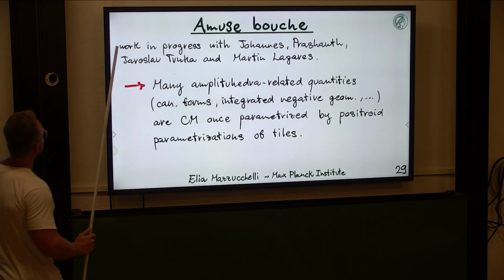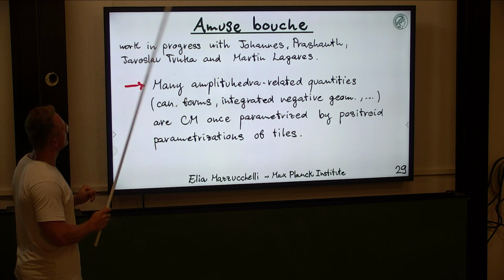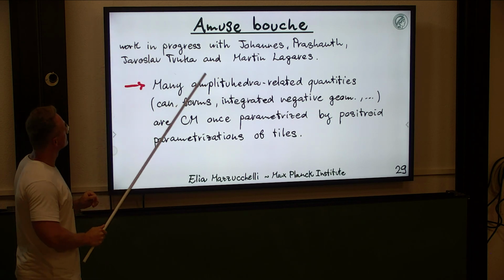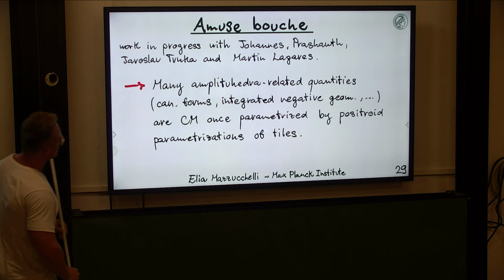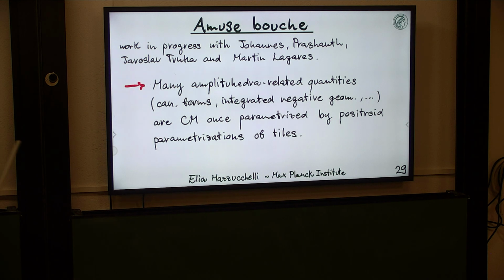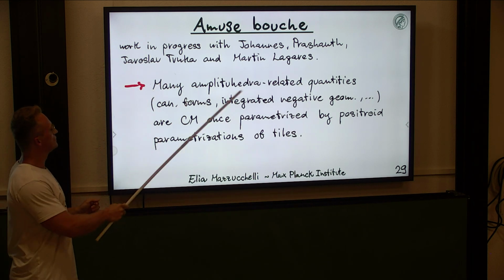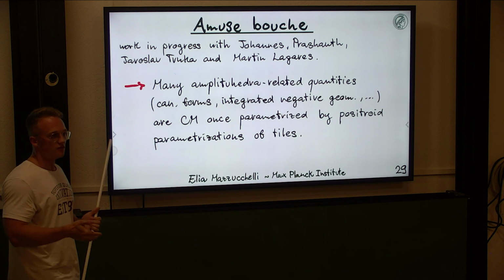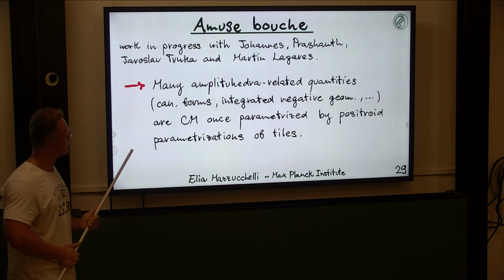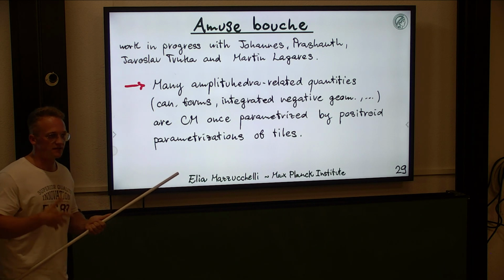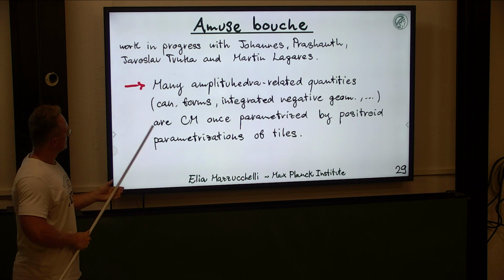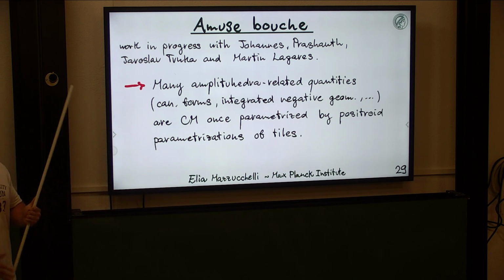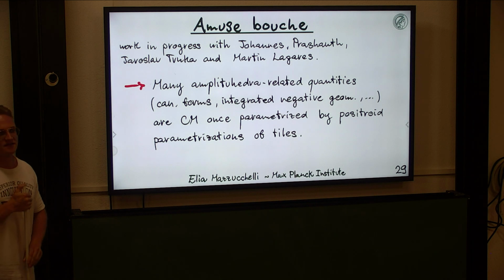And right before dinner, I would just want to mention that we are working with Johannes, Prashant, Yaroslav, and Martin Lagares, who's now starting a postdoc, I think at Queen Mary. We observed that many amplituhedron-related quantities, which involve integrated quantities from negative geometries, for example, when one can actually integrate the forms coming from positive geometries and obtain finite functions, share this complete monotonicity property once you parameterize the points in the Grassmannian by positroid parameterizations.